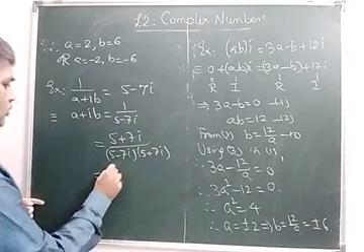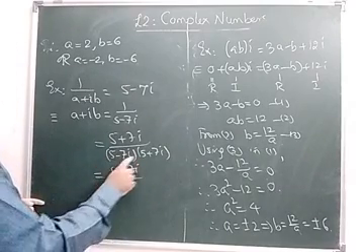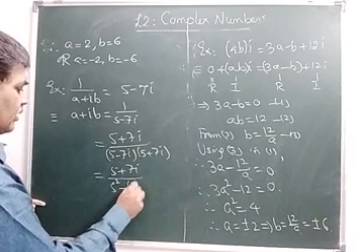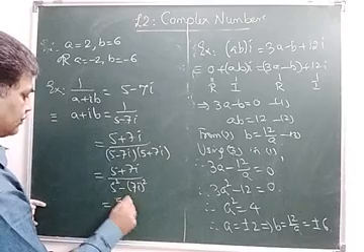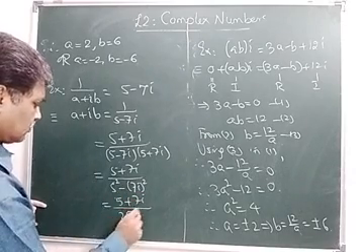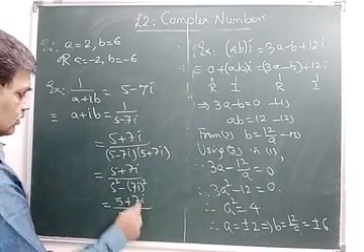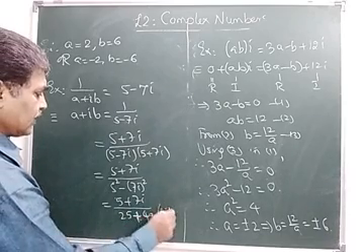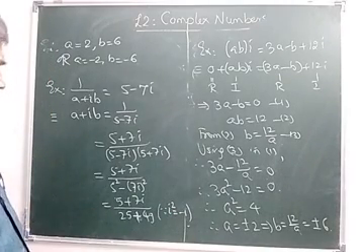So this is equal to 5 plus 7i. a minus b into a plus b gives us 5 square minus 7i its square. So that is 5 plus 7i upon 25 plus 49, since i square is minus 1.